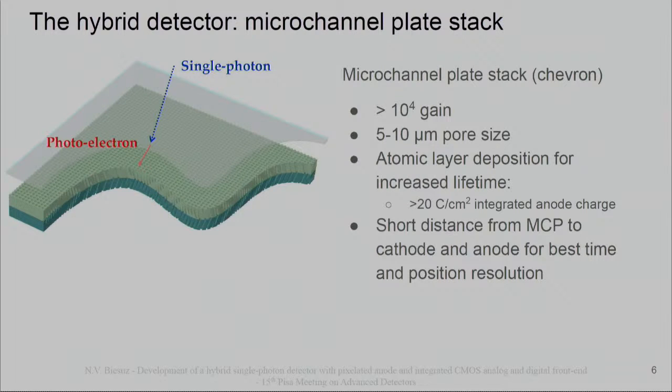So we plan to use this device in low gain, with atomic layer deposition, to be able to reach an integrated anode charge of 20 coulomb per square centimeter. And again, here we are trying to minimize distances in order to have good resolution on the position.